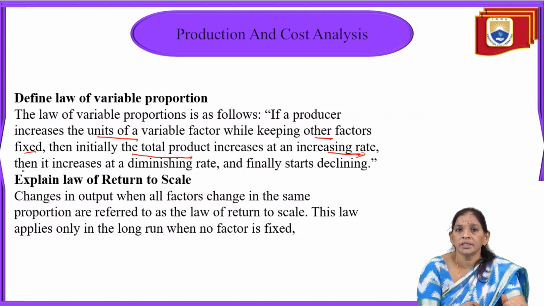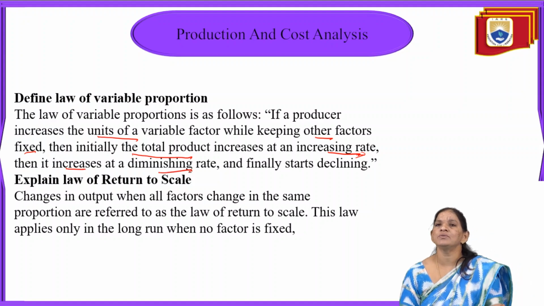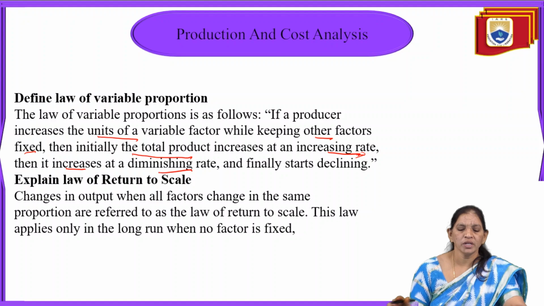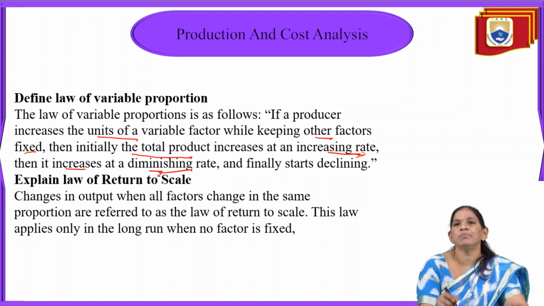Then after that, it increases at a diminishing rate. Total production increases when one factor is varying and all other factors are fixed.